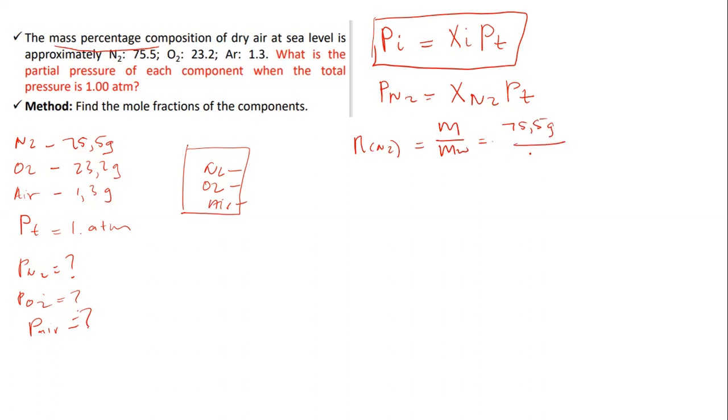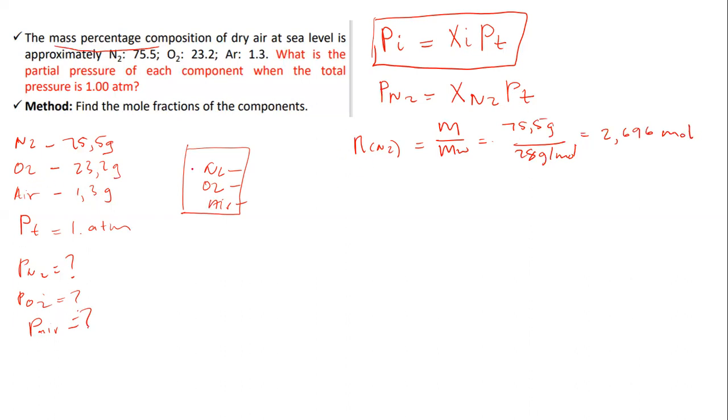Nitrogen is 14, and 14 times 2 is 28, so 28 grams per mole. On my calculator, I say 75.5 divided by 28. I get 2.696 moles.